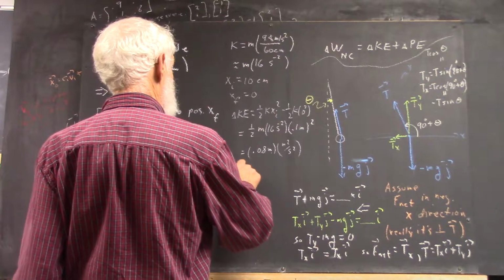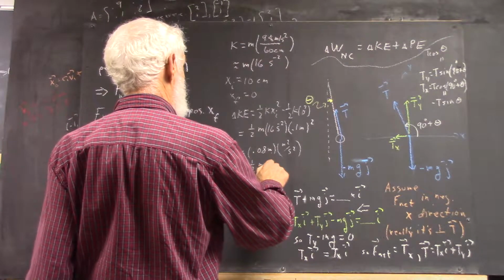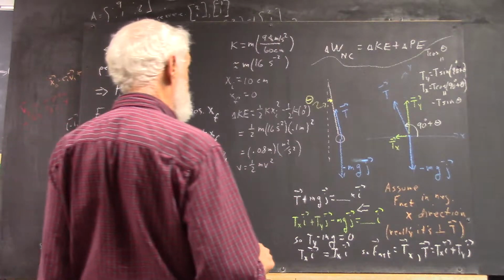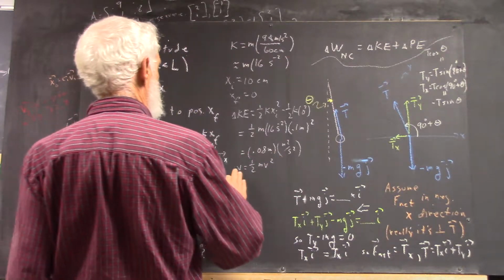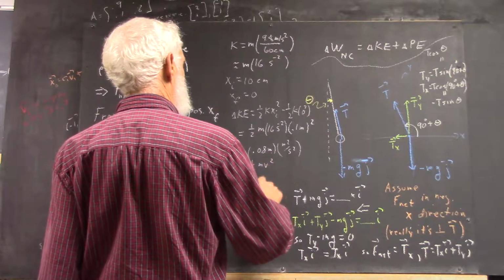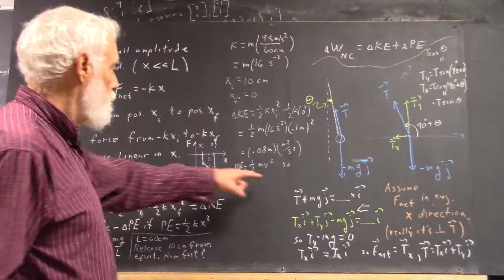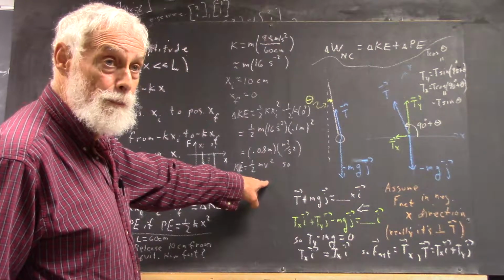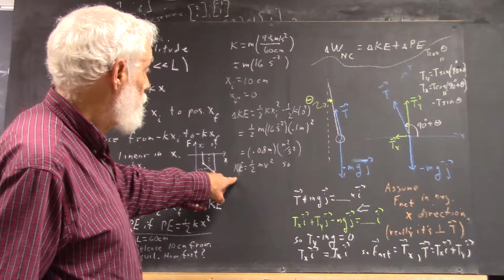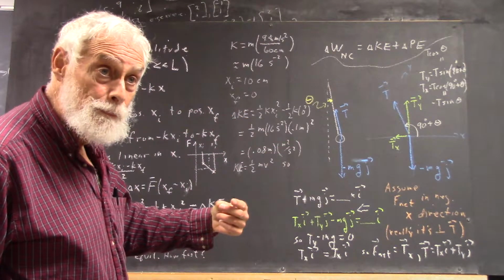So the velocity is 1/2 mv squared. Sorry. Kinetic energy is 1/2 mv squared, right? And the kinetic energy at this point is the change in kinetic energy if we release the thing from rest.